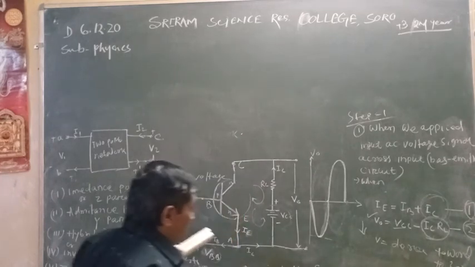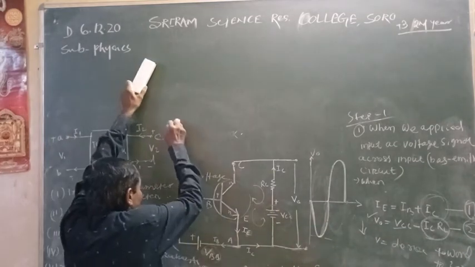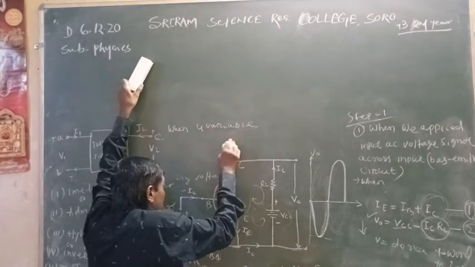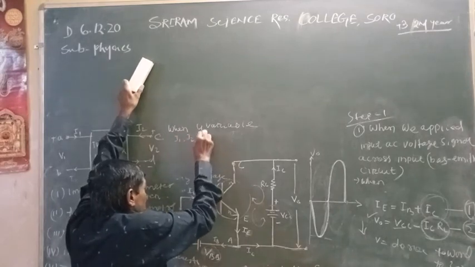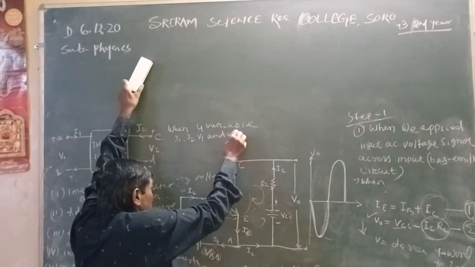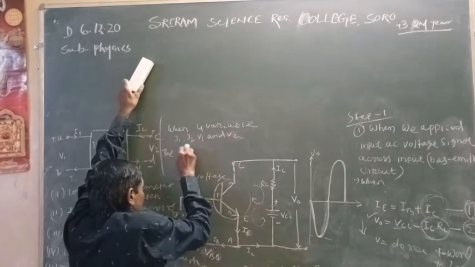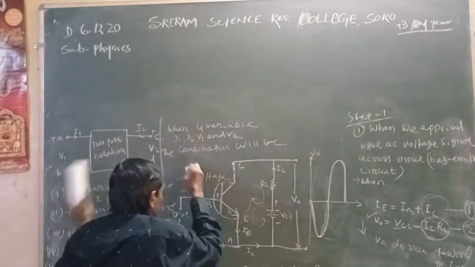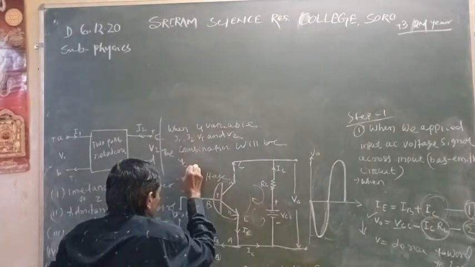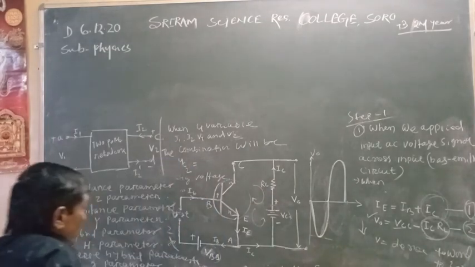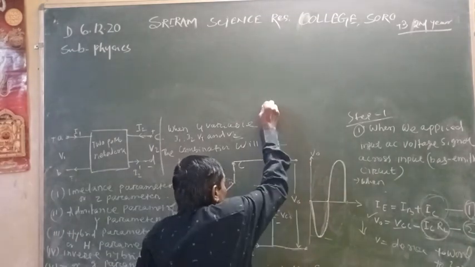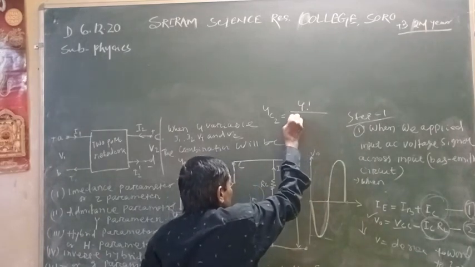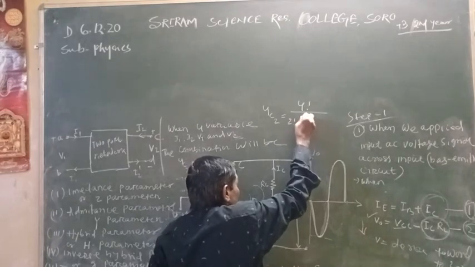The combination, when there are four variables I1, I2, V1 and V2, will be 4C2. 4C2 means factorial 4 divided by 2 factorial into 4 minus 2 factorial.